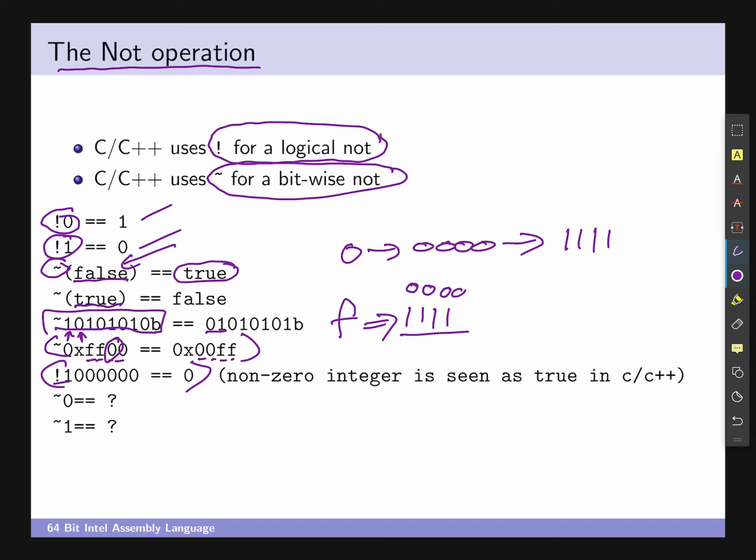If, for example, I take the negation of the value 1,000, well, in this case I think it's a million, that actually is equal to 0, or more specifically, it's equal to not. So in C and C++, any non-zero integer is seen as true.